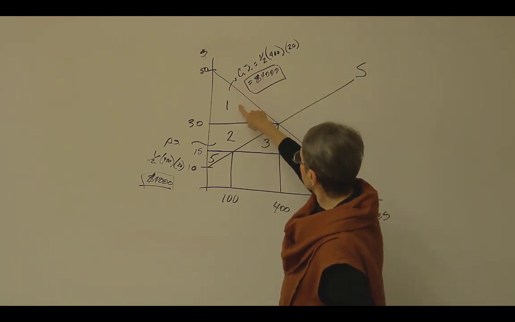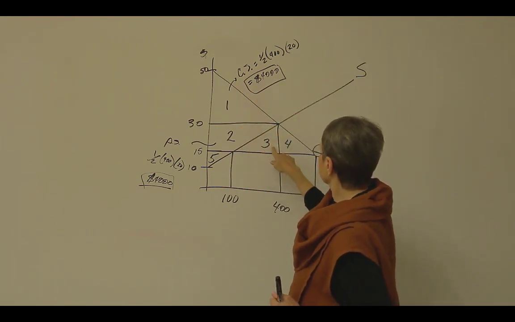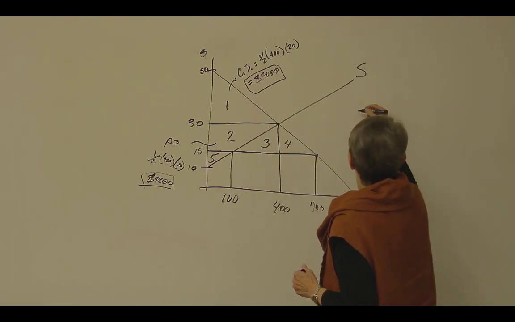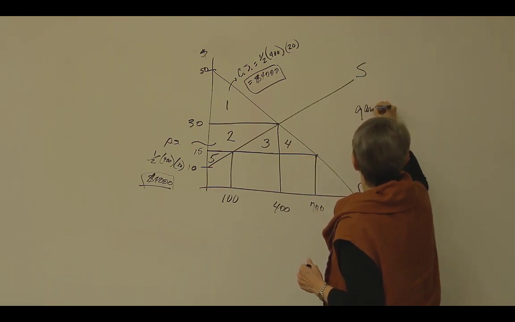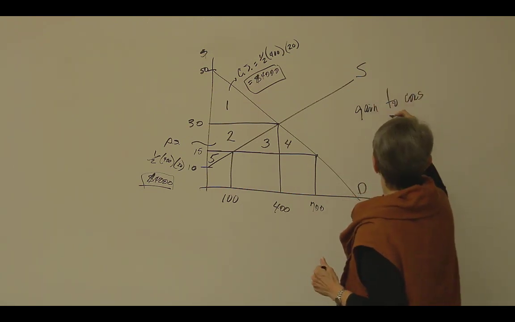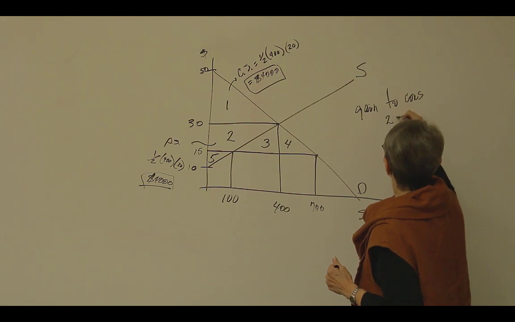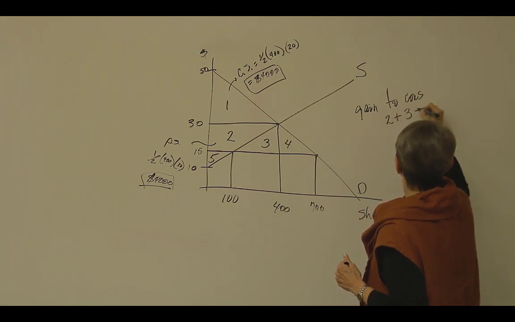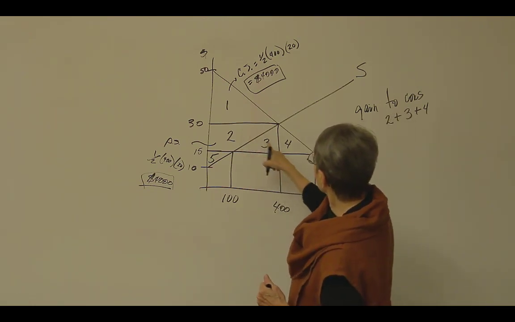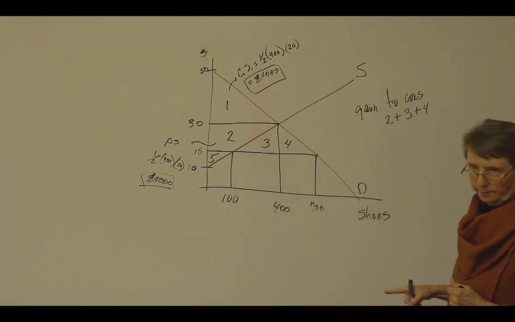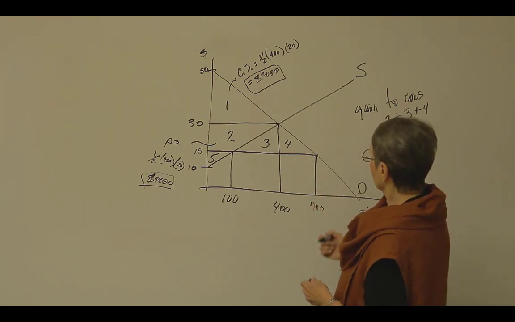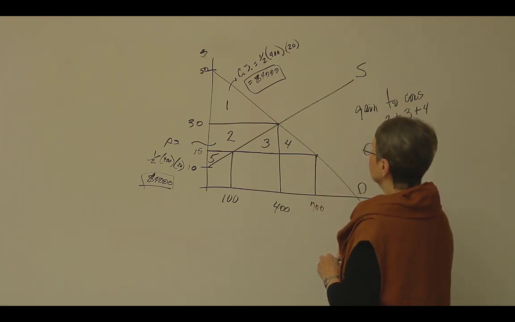So consumer surplus is now 1 plus 2 plus 3 plus 4. So clearly, the gain to consumers is area 2 plus area 3 plus area 4. That's the gain to consumers from this importing of shoes.